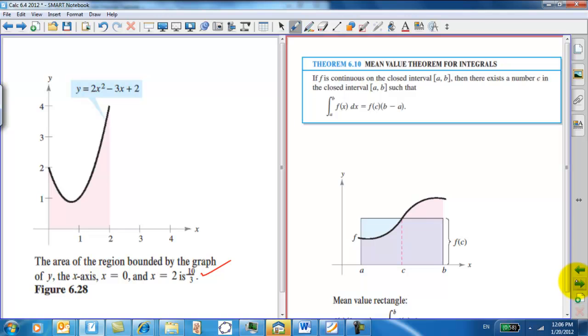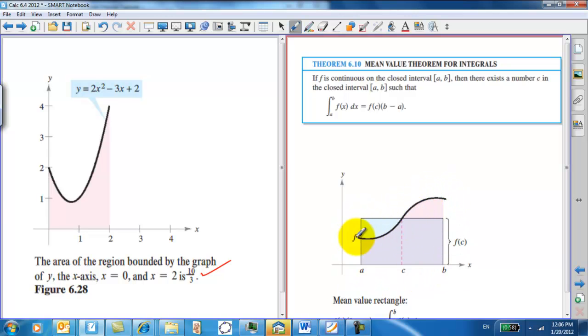Okay, now the mean value theorem for integrals. If f is continuous on a closed interval, then there exists a number c in the closed interval such that the integral from a to b of f(x) dx equals f of c times b minus a. Basically you can come up with an average value for all these possibilities by changing this strange shape into a rectangle.